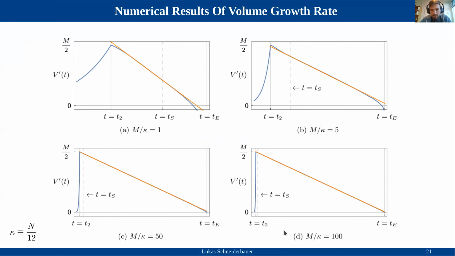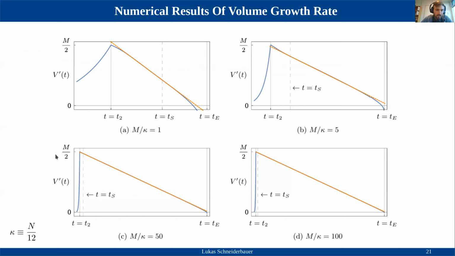Let's concentrate on this graph. On the x-axis there is the time again, where t equals t2 is what we interpret as the black hole creation time, and t equals te is the time associated with the evaporation, so the lifetime of the black hole.